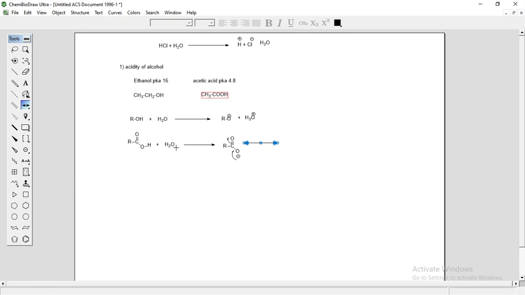In this way the negative charge is stabilized by the carbonyl carbon, by resonance.